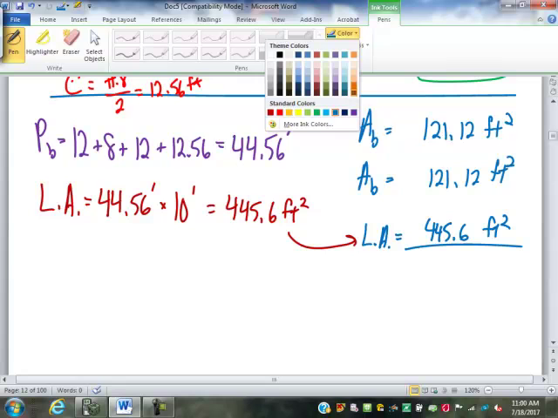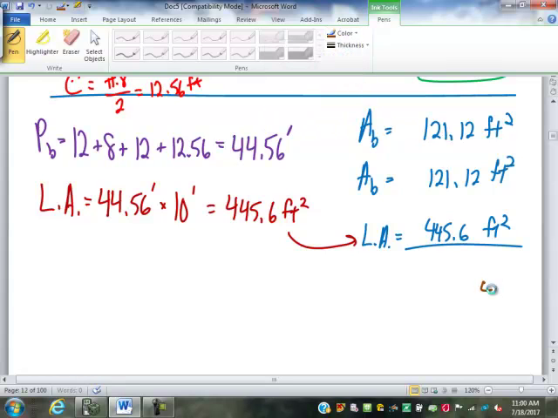So that gets all added up, and 687.84 square feet is my total surface area for that.